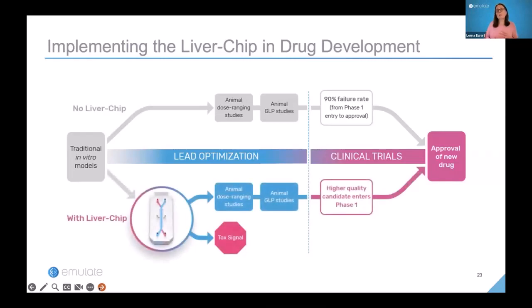So this is where we think Liverchip would come in. We've performed our traditional in vitro models. We would then situate Liverchip before doing any of the animal dose range finding studies. The reason for doing that is that if we find drugs that have an overtly toxic signal, our recommendation to the project teams would be to have a real stop and think about whether it's worthwhile to progress that drug into the clinic.